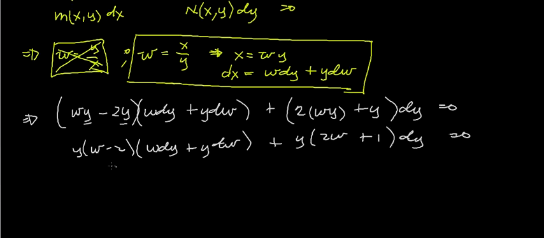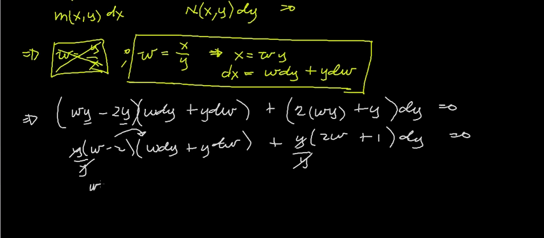Then right after that we can also divide both sides by the common factor, which is y. So we can cancel that out, and we're left with this term. So now let's simplify it further.